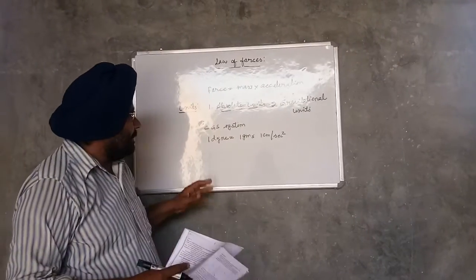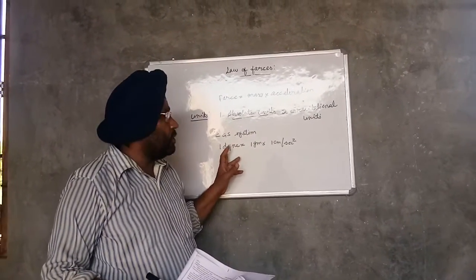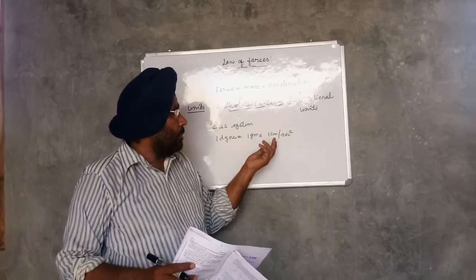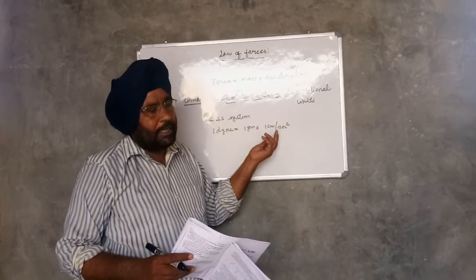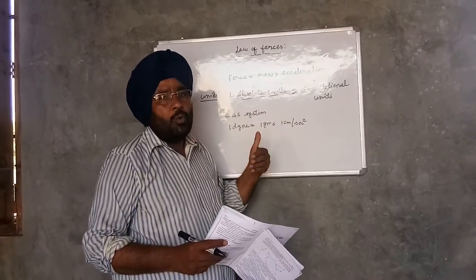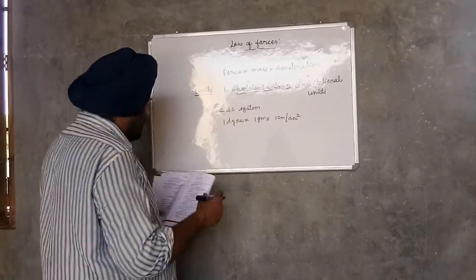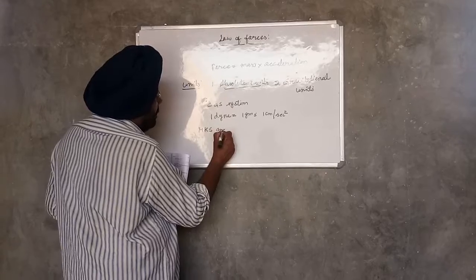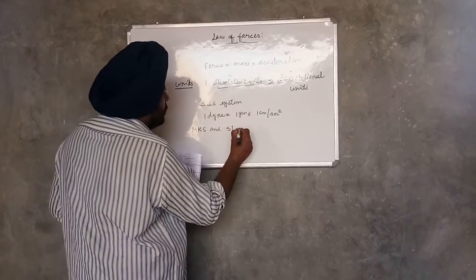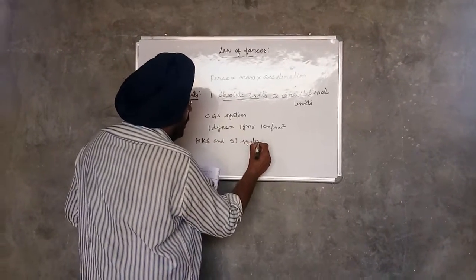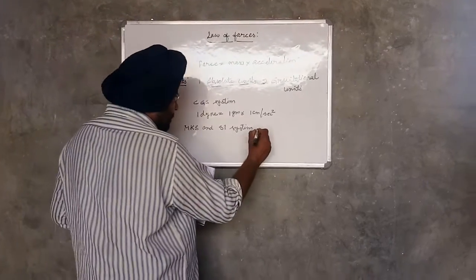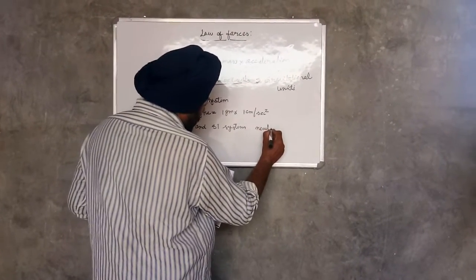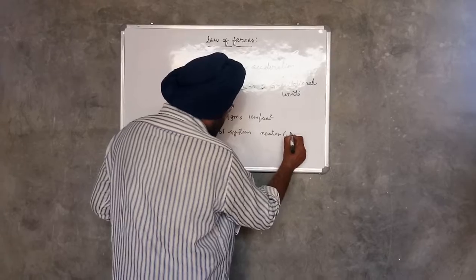So one dyne is that much force which produces an acceleration of 1 centimeter per square second in a body of mass 1 gram. In the MKS and SI system, the absolute unit of force is the Newton.